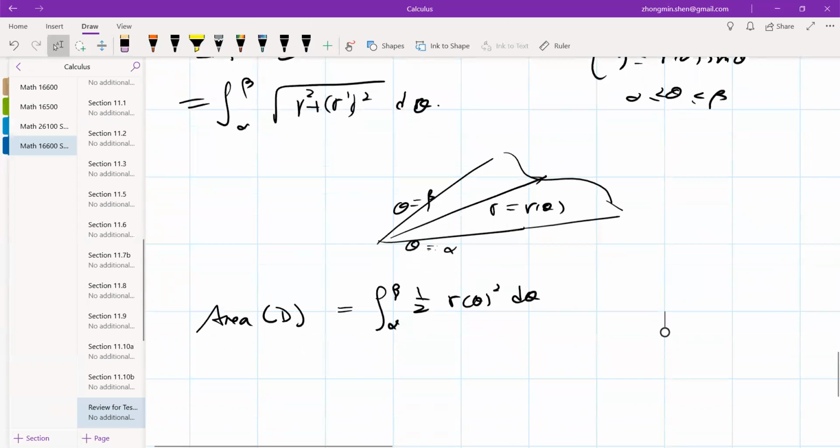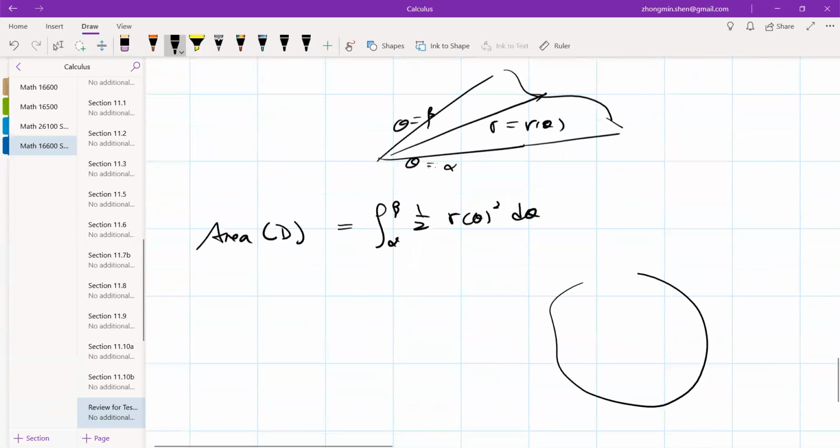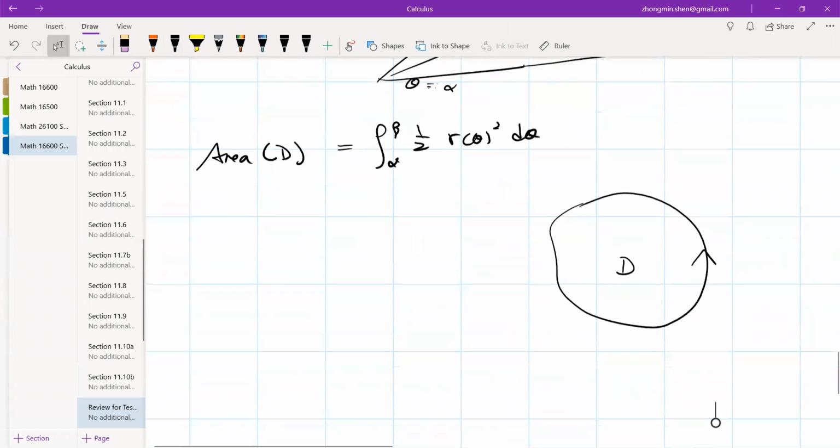If you use parametric equations, this is what we're going to study for a closed region. That's a region D. If the parametric equations are given by x of t and y of t, and t is between a and b, and the curve is closed, then you do have a formula for that.